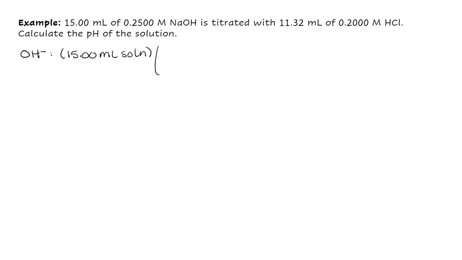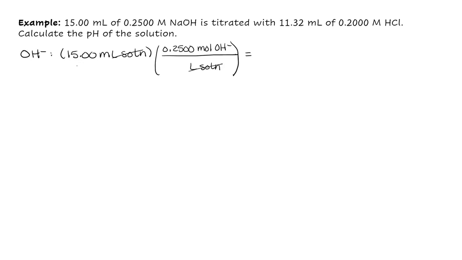And we're going to multiply by our molarity, which is 0.2500 moles of OH- over liter of solution. Liters of solution will cancel, and that will give us millimoles of hydroxide.